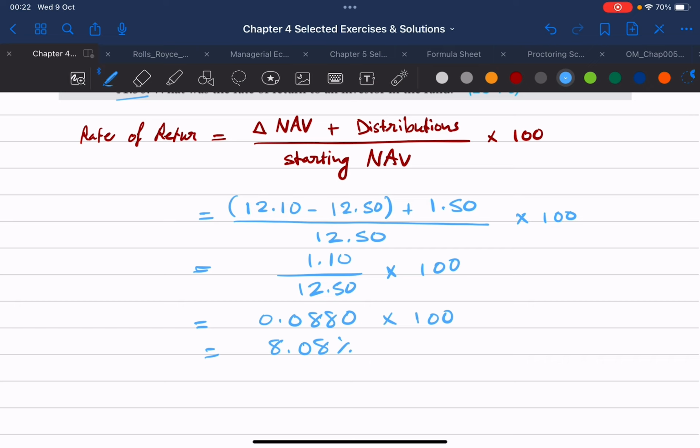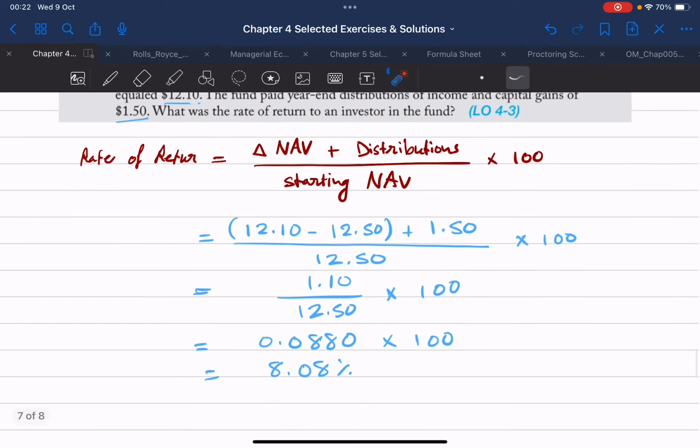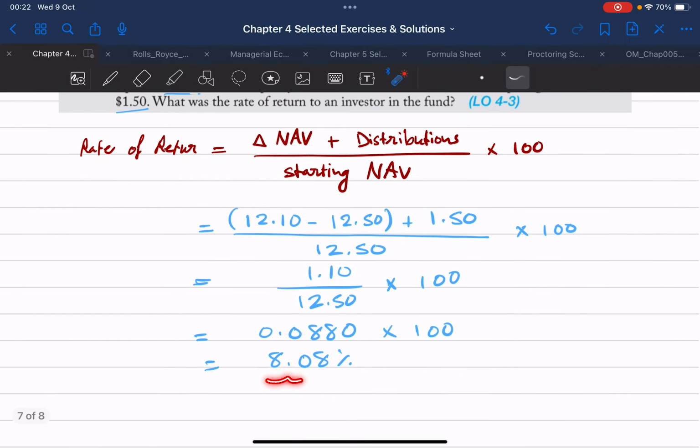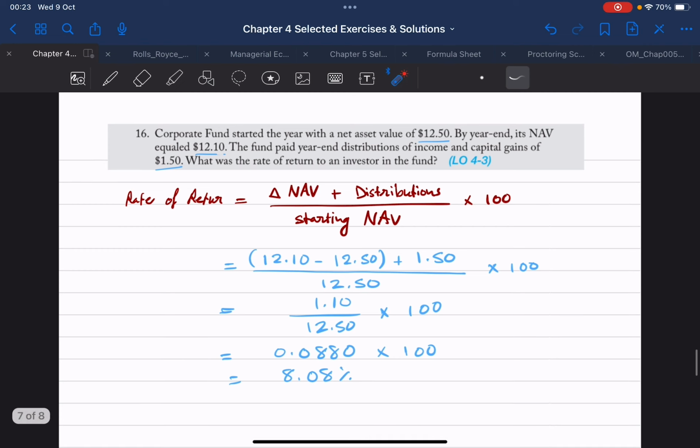Okay, which is the answer to the question, which says what was the rate of return to an investor in the fund? That would be the investor's rate of return, 8.08%.